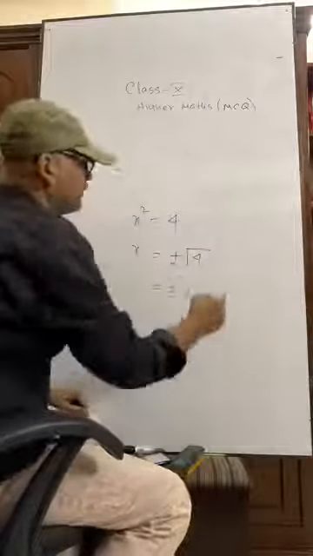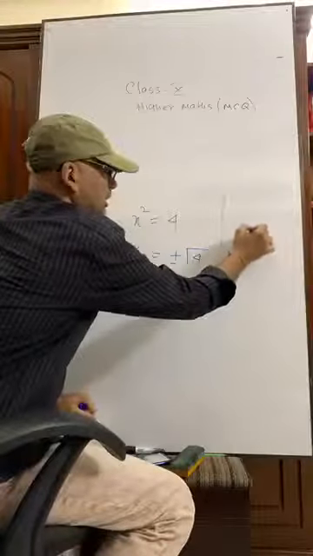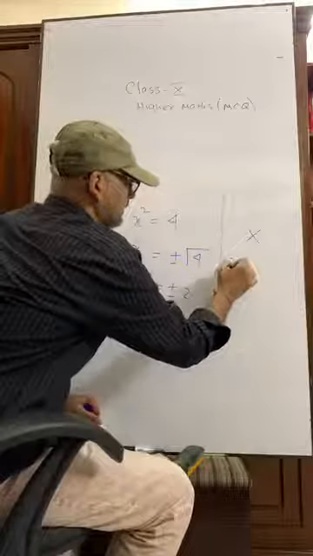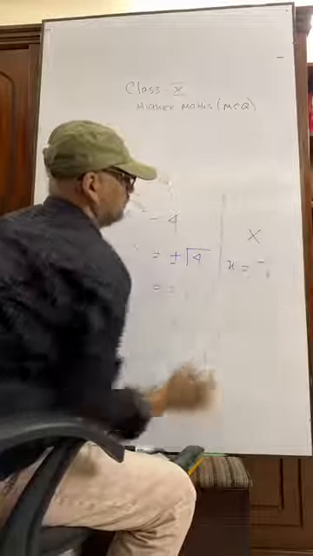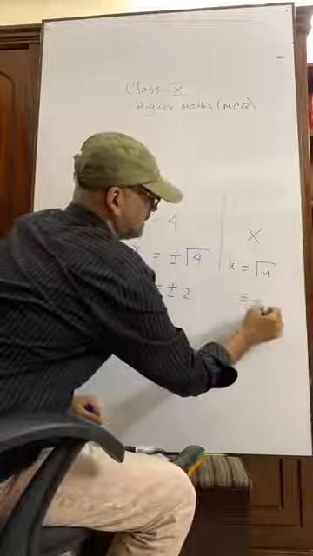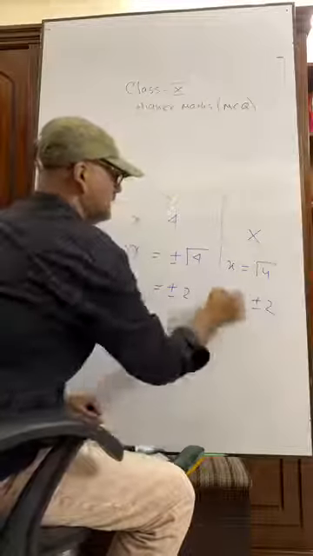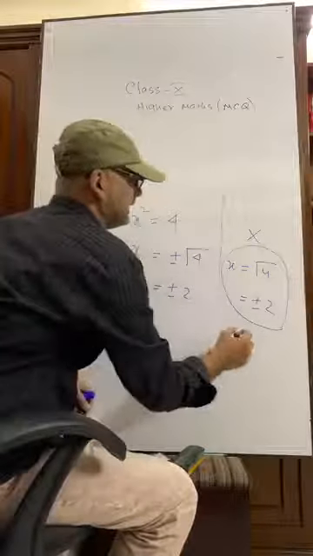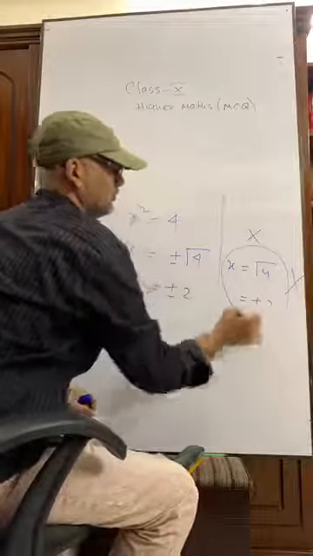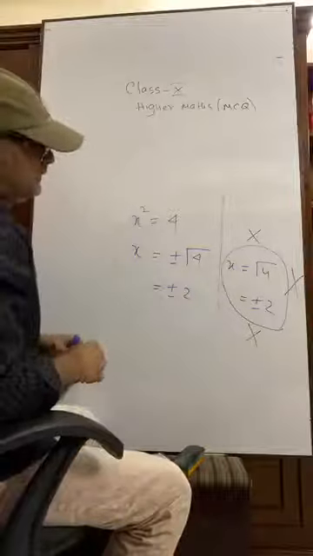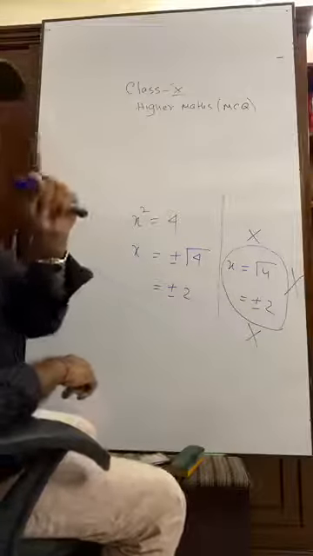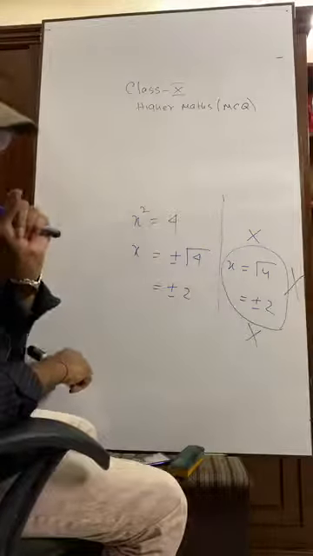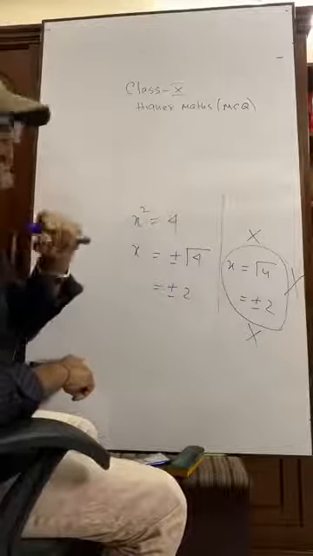What I am showing you now is a wrong procedure: x equals root over 4 equals plus minus 2. It is wholly and fully wrong. Root over x means it's a positive number. It is never negative.